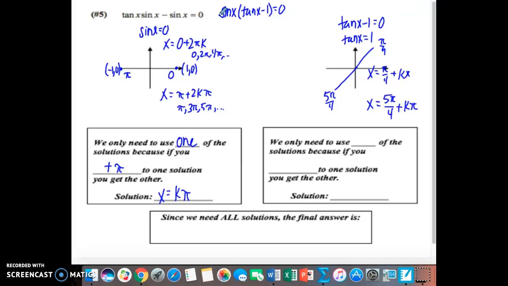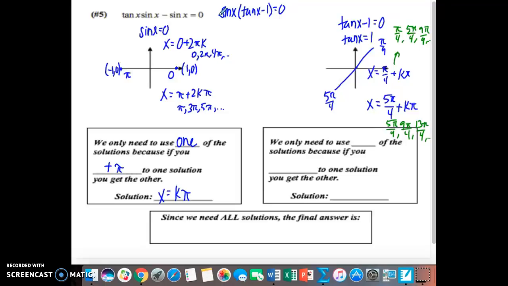If we have x equals pi over 4 plus k pi, the values it includes are pi over 4, 5 pi over 4, 9 pi over 4, and so on. If we have x equals 5 pi over 4 plus k pi, that includes 5 pi over 4, 9 pi over 4, 13 pi over 4, and so on.